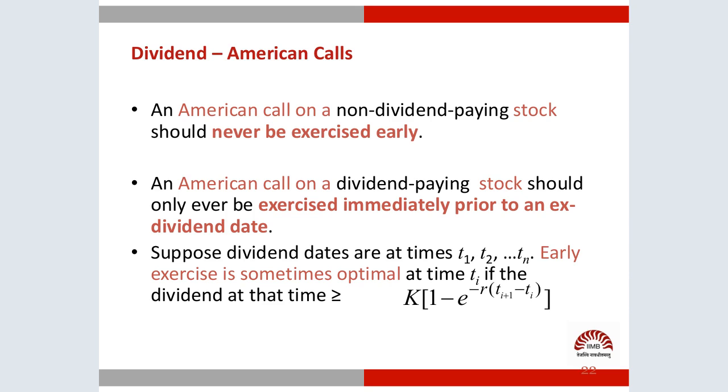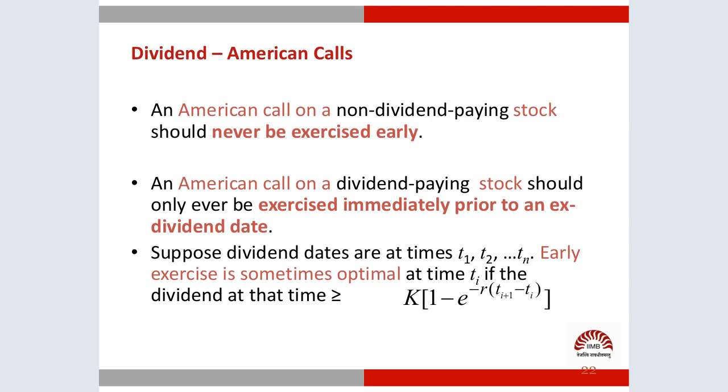That is, at time Ti when the dividend is being paid, the amount of the dividend is greater than this function, where K is the strike price, R is the interest rate, Ti is the time when the current dividend is being paid, and Ti plus 1 is the next dividend payment point.